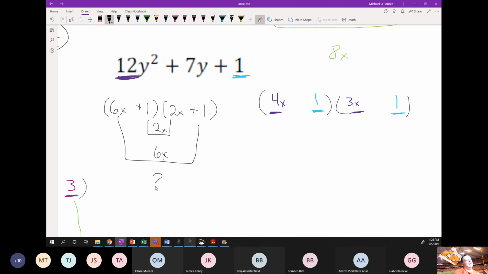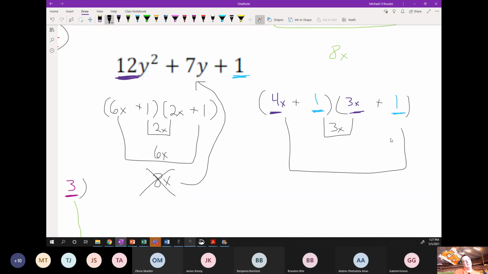That equals 6x, and they add up to 8x. Do we have a match? No. So we do it again here. We got 3x, 4x, and that equals 7x. That's beautiful.